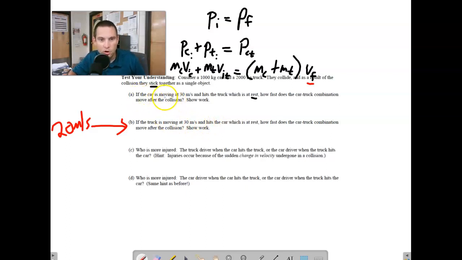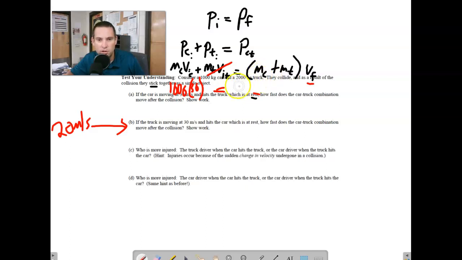For part A, the car is 1,000 kilograms moving at 30 meters per second. The truck is at rest, so the truck goes away. I was a little confused because I thought I had read that the truck was at rest, and then I read the car was at rest. I'm so sorry.